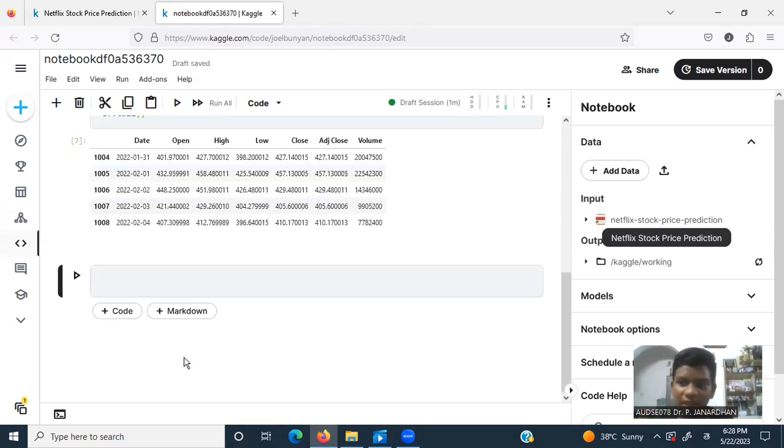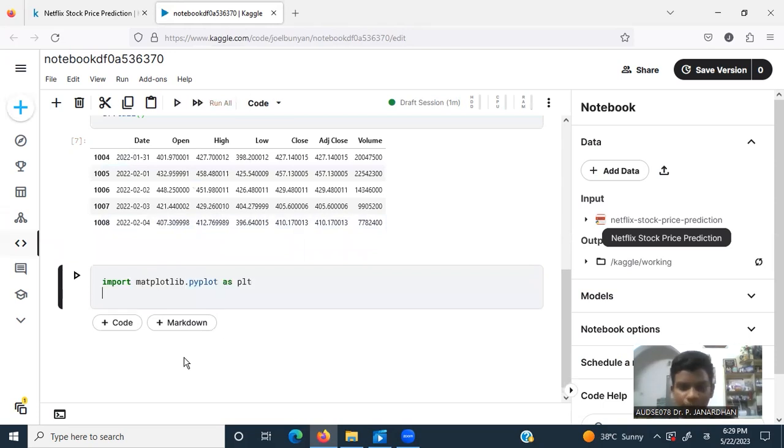All right, now let's try to plot these stock values. I'm just going to say plt. We're going to plot these values to see how they look. We're going to say plt.plot(df.close). I'm going to get the close value of the df and plot it into a scatter plot.